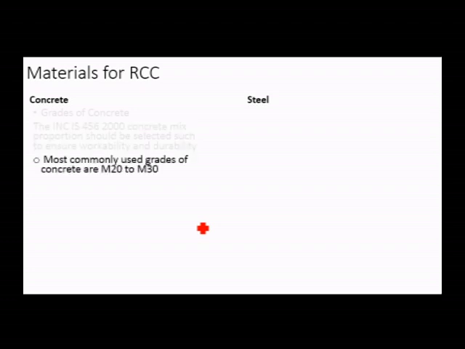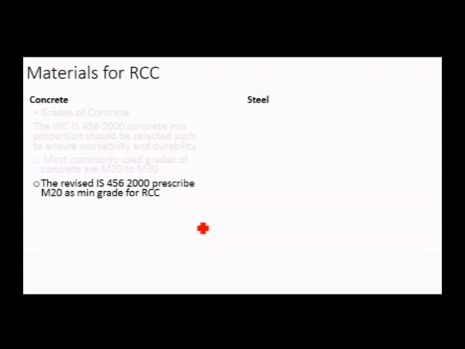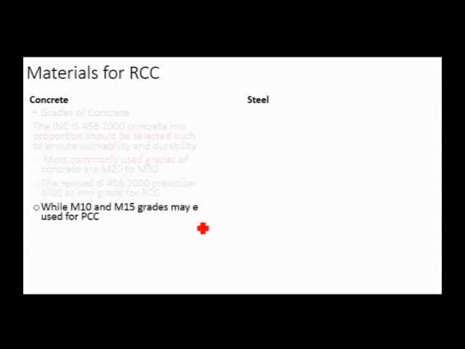The most commonly used grades of concrete are M20 and M30. The revised IS 456 2000 prescribes M20 as the minimum grade for RCC, while M10 and M15 grades should be used for plain cement concrete.